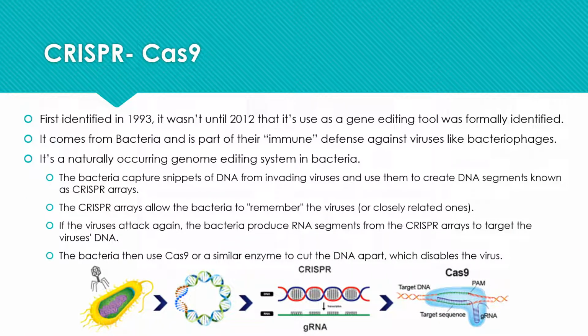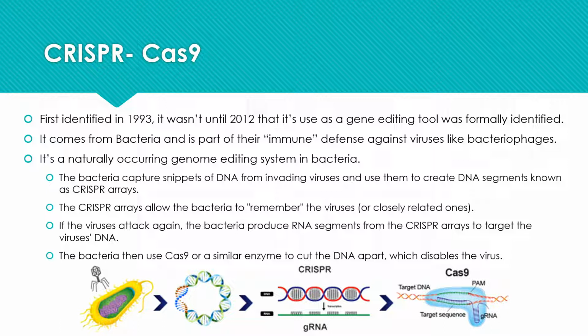Now, this brings me to a relatively recent tool that we didn't talk about earlier. We talked about polymerases and endonucleases and ligases, but I want to introduce something called CRISPR to you, or more formally CRISPR Cas9. It was first identified as a bacterial immune system back in 1993, so it was known about for a while.